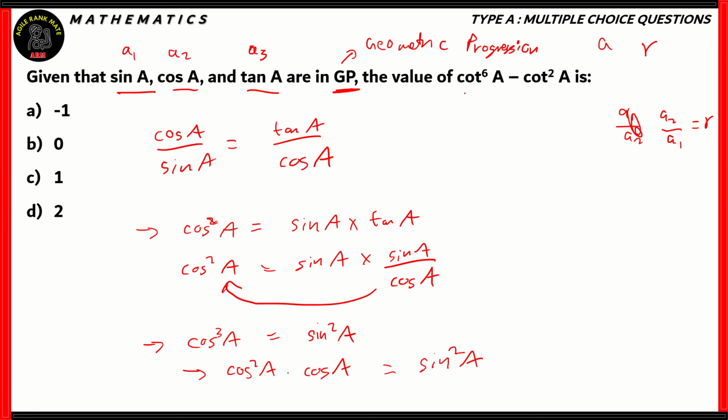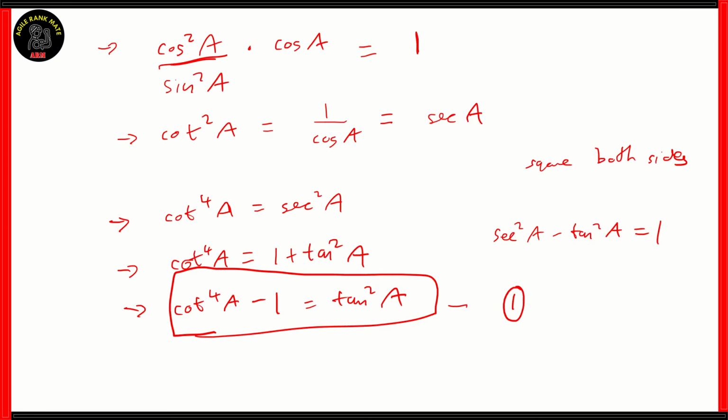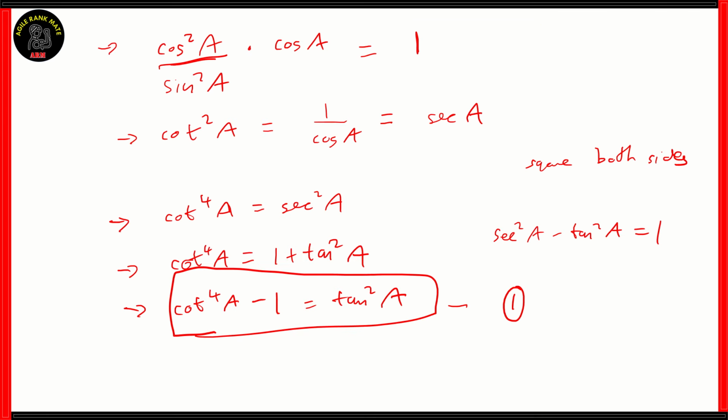Now, the value that we need to find is cot raised to 6A minus cot squared A. So when we take cot squared A common, we get cot squared A outside, and then in the bracket, we get cot raised to 4A minus 1, which is exactly what equation 1 is.